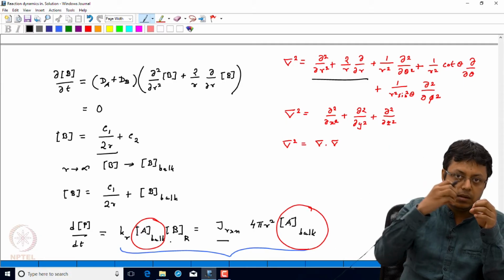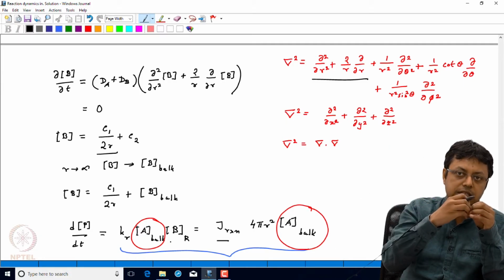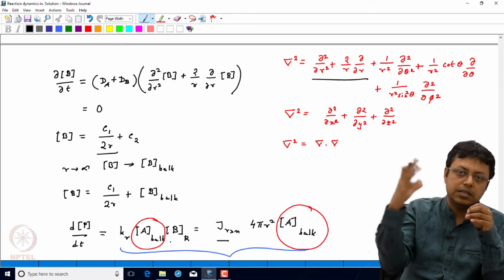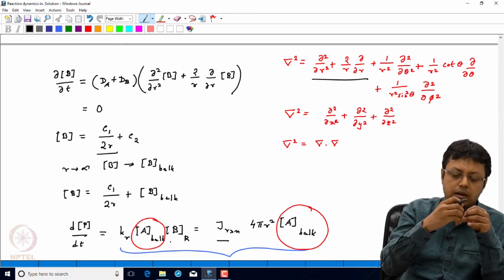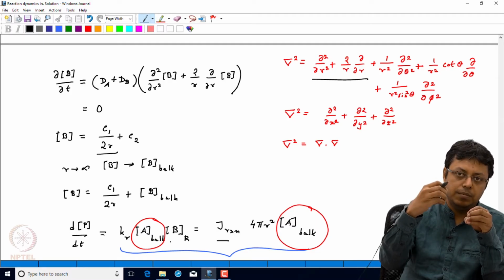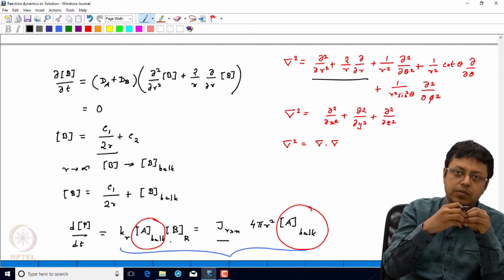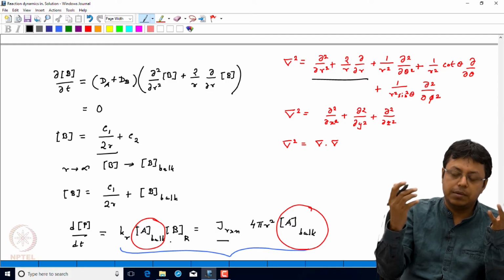Now, B is coming and touching the A, and at that location I am calculating the flux of B, and then B is vanishing and there is a concentration gradient that we have already worked out. But the interesting thing is that when B is coming and touching, we have to actually consider that location, otherwise the encounter will not happen.